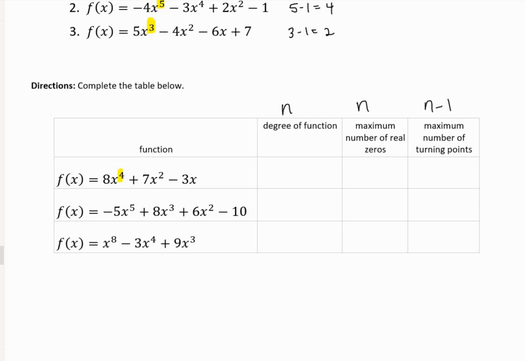On this first problem, my exponent is 4, so the degree of the function is 4. The maximum number of zeros is 4, but the maximum number of turning points is 3. So let me give you a minute to finish completing the table. Okay, and there are your answers for the table.